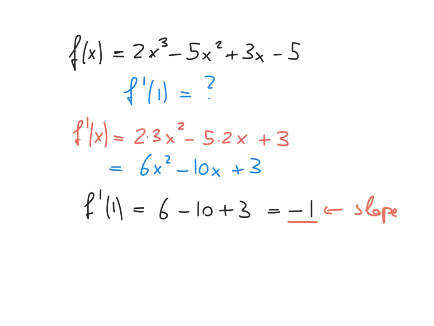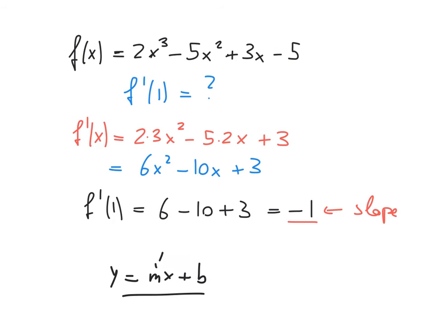So now we need the y-intercept. Right? How do we find the y-intercept? Right, so we want a function of the form y equals mx plus b. Right, so this is what we want. We have m now.